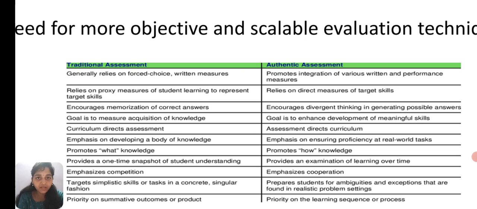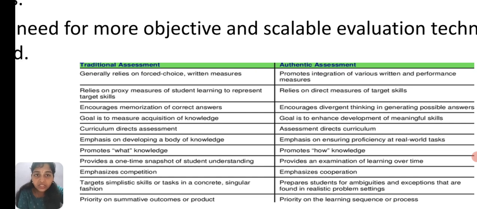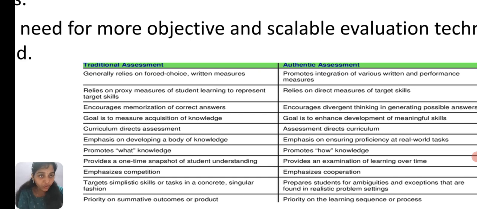Traditional assessment generally relies on multiple choice written measures, proxy measures of student learning to represent target skills. Authentic assessment relies on direct measures of target skills. Traditional assessment encourages memorization of correct answers, and its goal is to measure acquisition of knowledge.